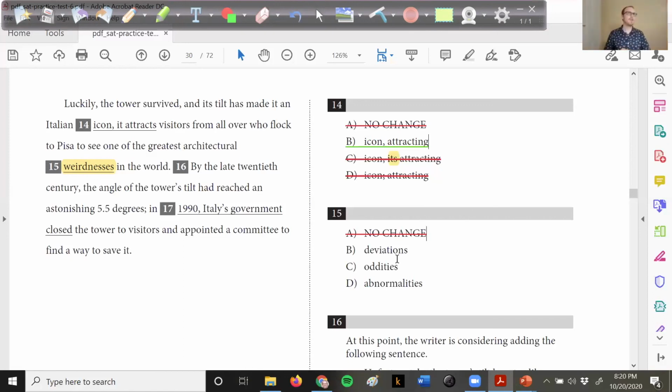What's difficult there is that if something deviates, it means it's moving away from what is normal. And that word sounds a little funny when we haven't even talked about what is normal in the first place. Does that make sense? If we haven't talked about the standard, we can't really talk about deviations from the standard. Something always has to deviate from something. And we never see any reference to what Pisa might be deviating from in this sentence. So I don't really like B.